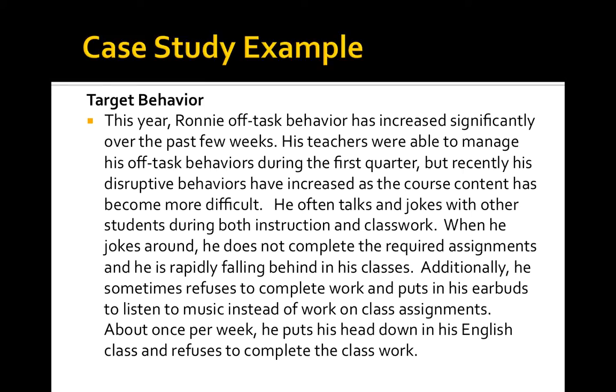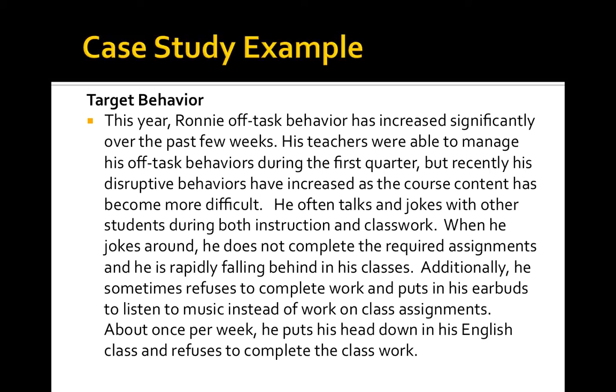However, our end goal is to teach Ronnie to complete the assignments and to be able to increase his academic knowledge through use of the assignments, right? But sometimes we have to start small.